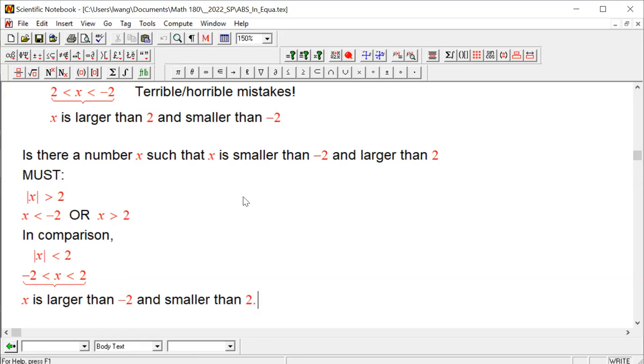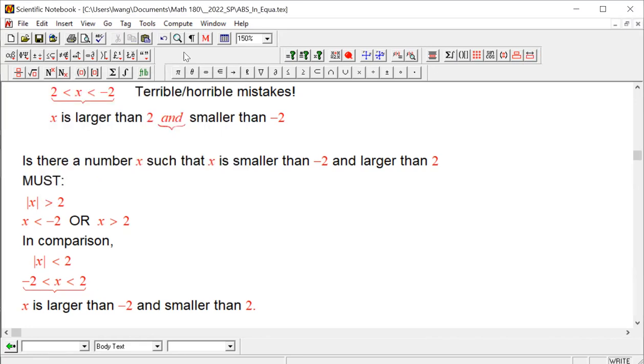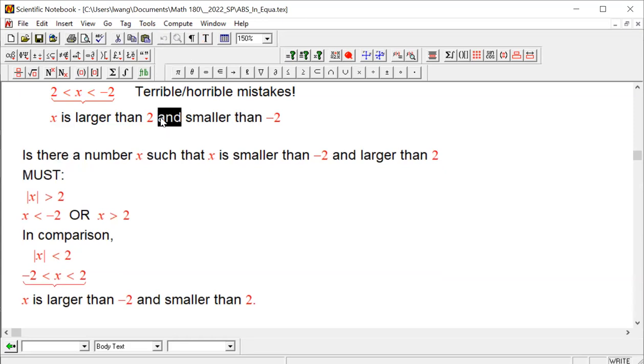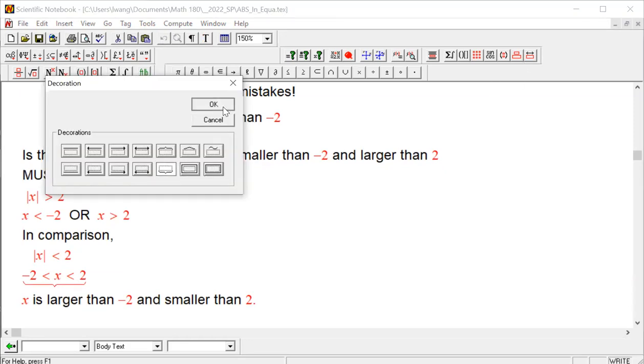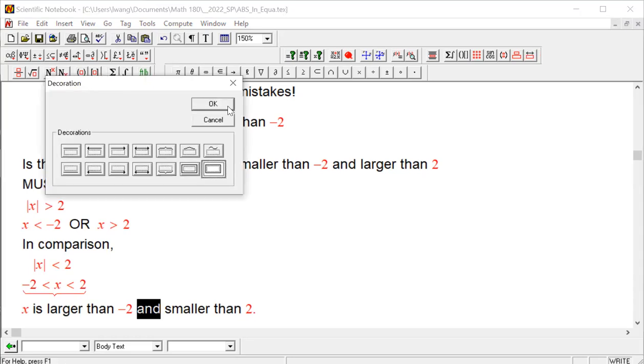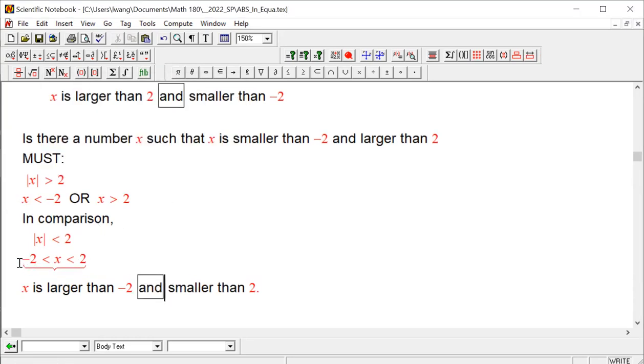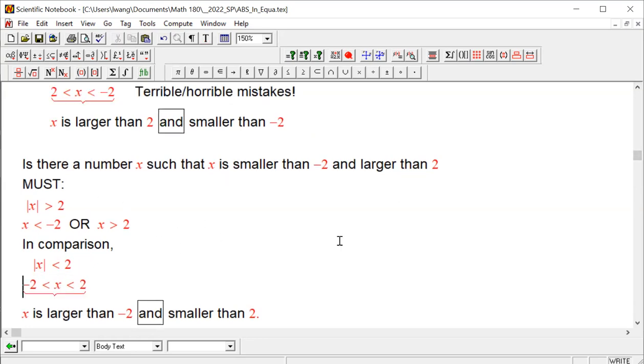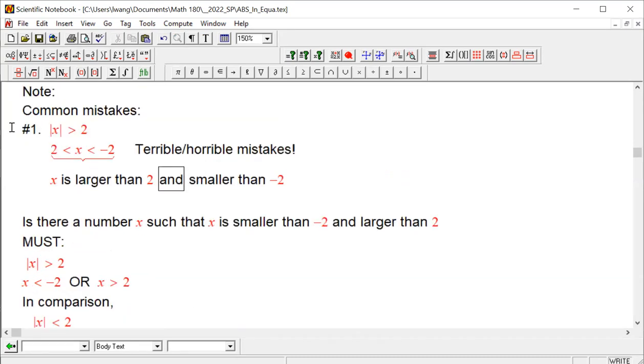So grammar-wise, this way of writing in a chain always means and. They always mean and. If you intend for or, you have to separate it, because one grammar of mathematics can only have one meaning. It cannot have different meanings. Okay, so this is number 1.